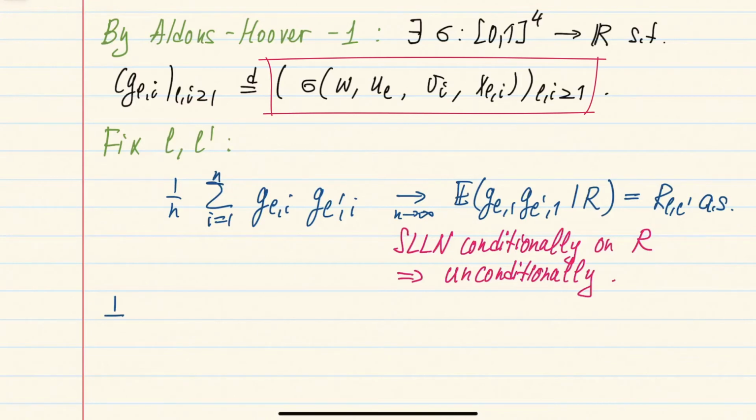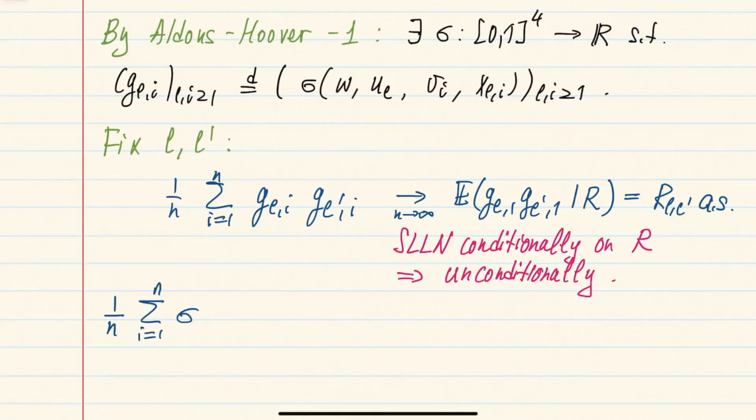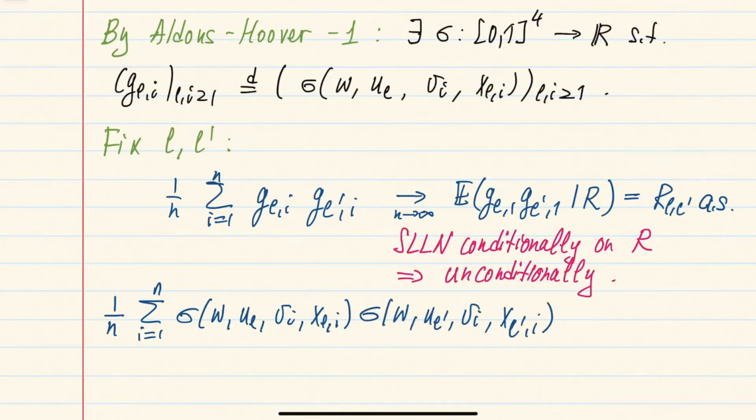Basically, it's the same application of the strong law of large numbers, that if we take averages over I of sigma corresponding to index L, and this sigma corresponding to index L', we can see that if you fix W and UL, UL', so you only look at the randomness that depends on the coordinates I, this is just an average of some IID random variables.